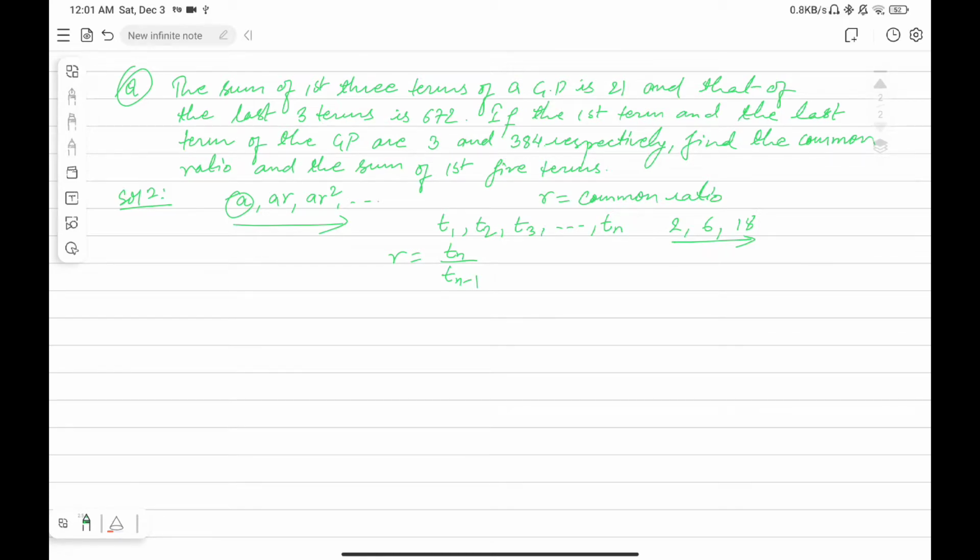But if we start from the last term, to get this 6 we have to divide by 3. So 18 divided by 3 is 6 and again 6 divided by 3 is 2. This is the case when we are moving backwards, dividing the previous term by the common ratio. The same is the case here.